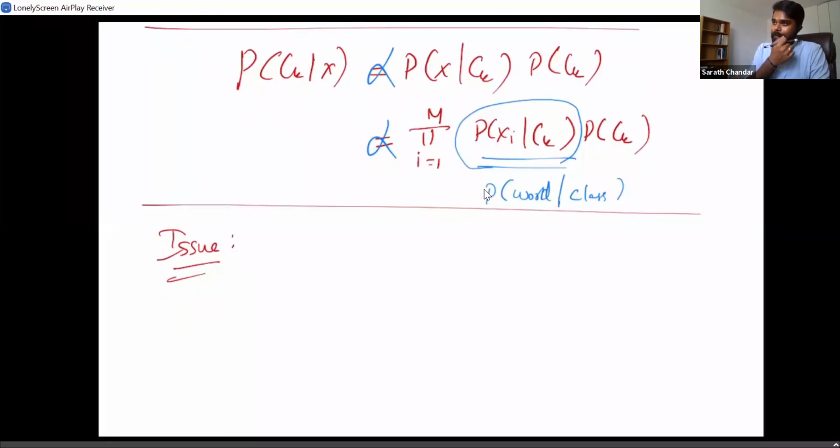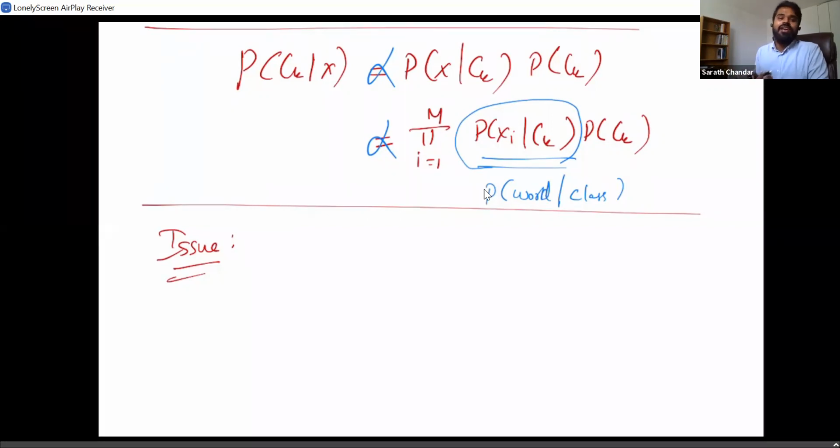So it might happen because, here's the thing. The vocabulary has too many words, right? So probably you would have something like 10,000 words in the vocabulary. Now given a data set, for example, consider the class politics. Maybe you don't have the word apple at all in politics. Or maybe you don't have the word football at all in politics.